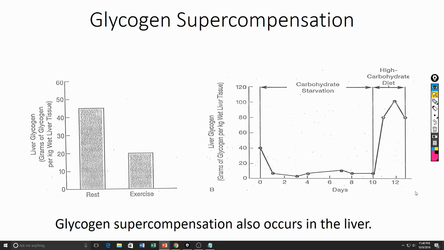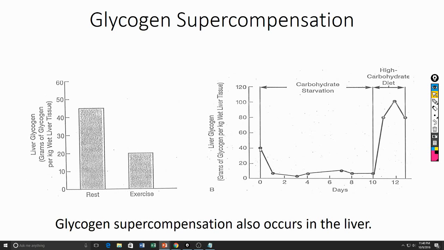Also, this idea of glycogen supercompensation occurs in the liver. Liver, once again, is one of the 2 key places in the body where you store glycogen, those being muscle and liver. Okay, so they did the same thing. But instead, you can't really exercise a liver, except for those who go out on Thursday night or what have you. Anyway, in this case, they gave them carbohydrate starvation, so went on kind of a ketogenic or Atkins kind of diet, only feeding protein and fat.